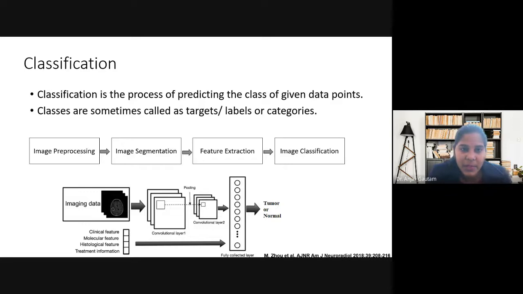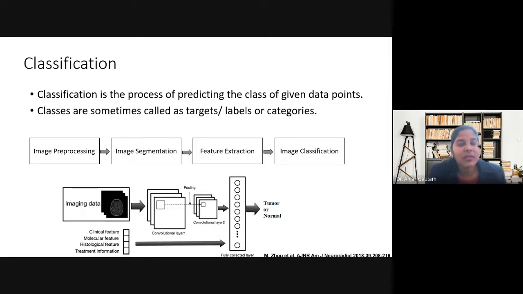You have two categories: images which belong to normal patients, and images which belong to tumor cases. Let's say tumor and normal.